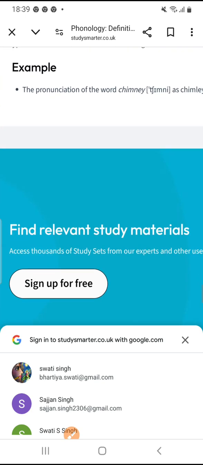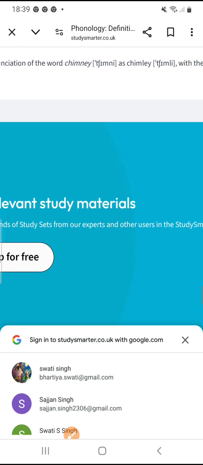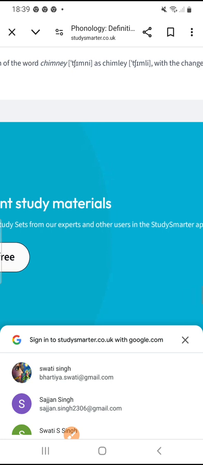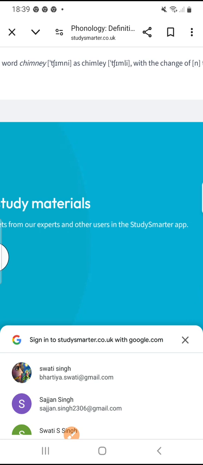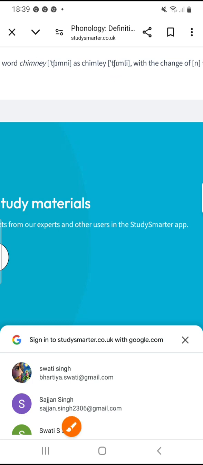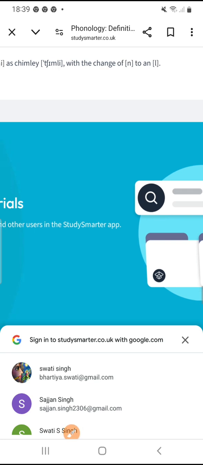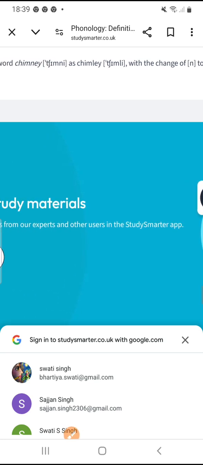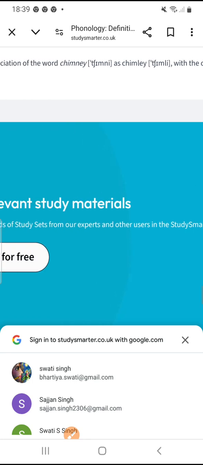For example, the pronunciation of the word chimney, and chimley, with the change of n and l.